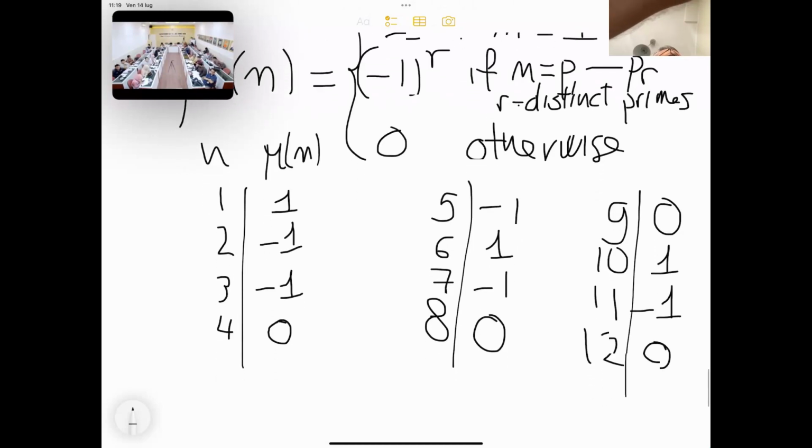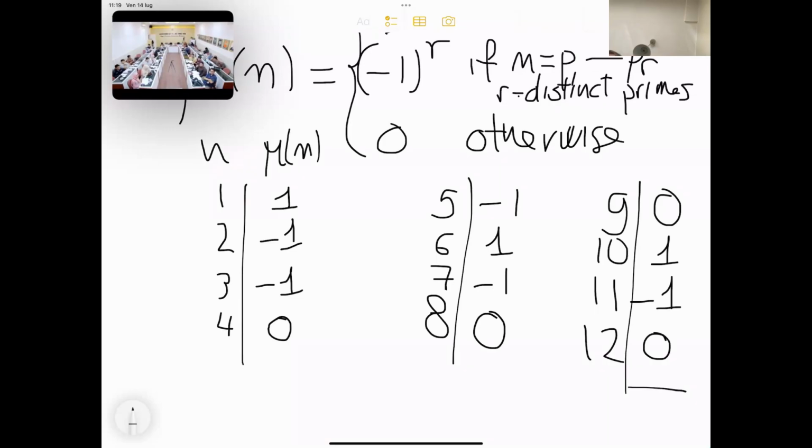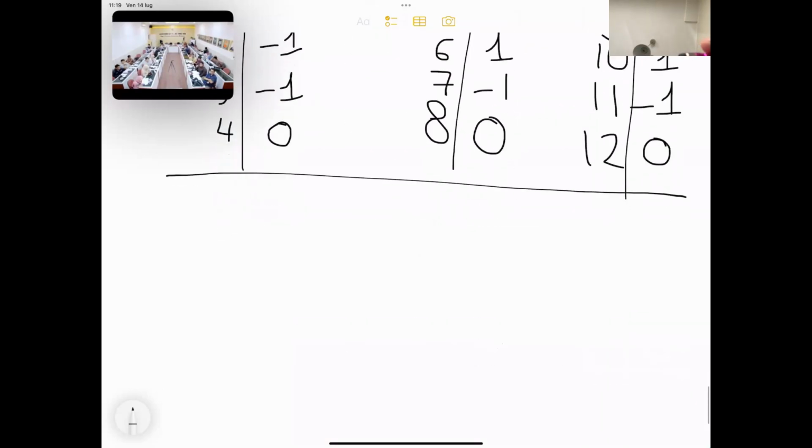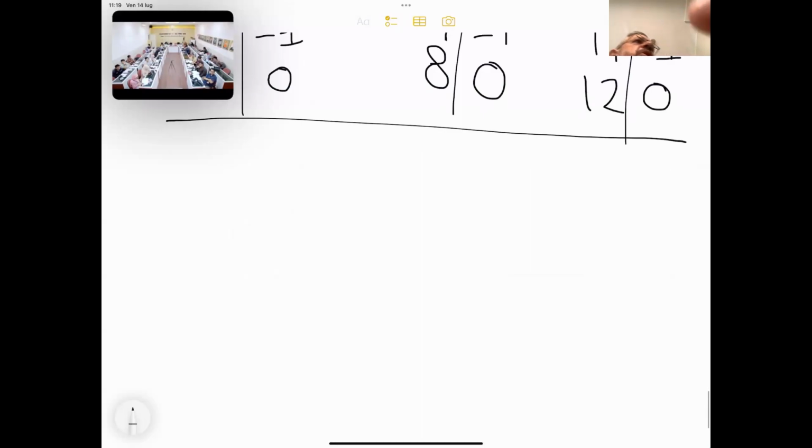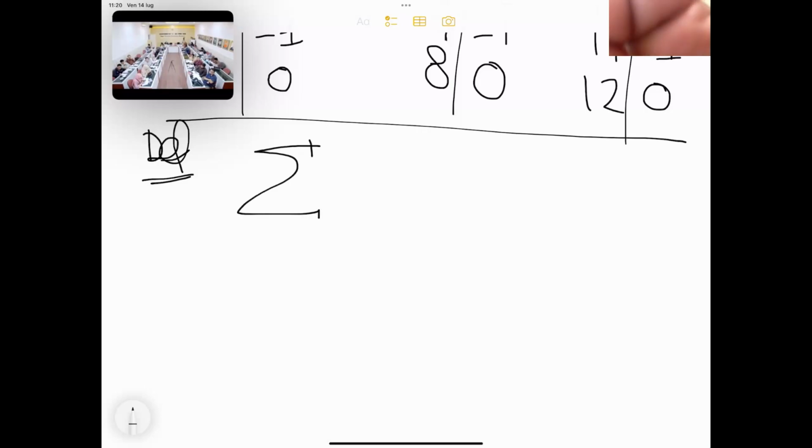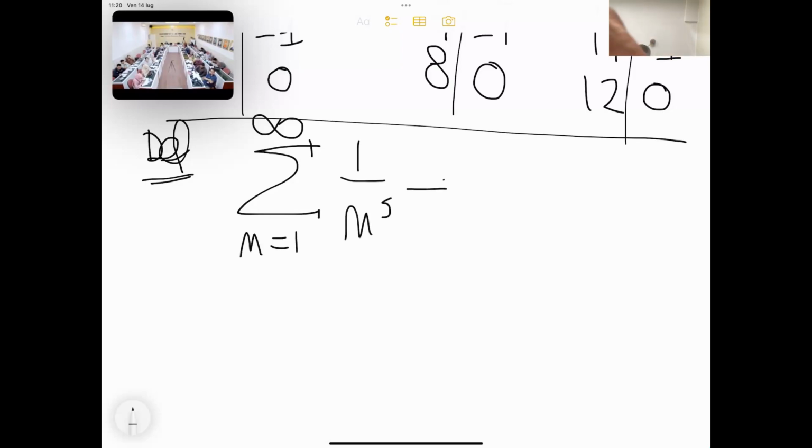So there's another way to define it. Suppose we consider the following two Dirichlet series. Let's take the following infinite sum: the sum for n that goes from 1 to infinity of 1 over n to the power s. This is called the Riemann zeta function.